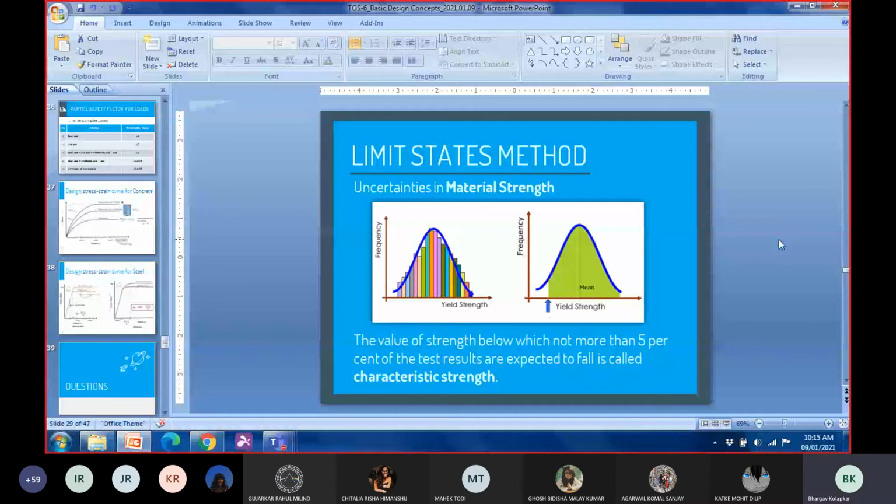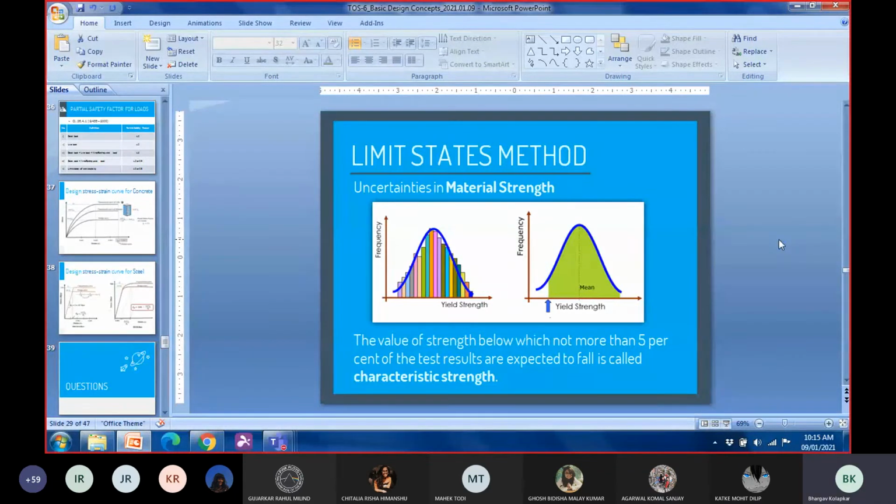Meaning that we are always going to underestimate the strength of the material, the strength of the member, and we are always going to overestimate loads. So we are looking for a value that, in the worst case, will also make sure that it is satisfying the sort of strength that we expect out of it, and hence we take a lower bound strength.